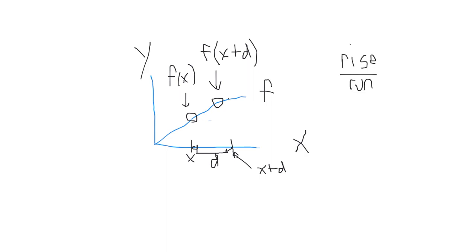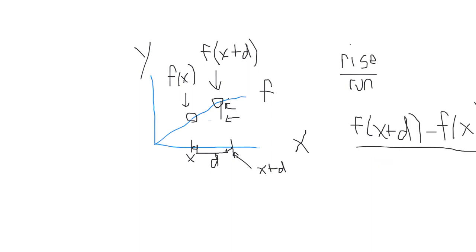How much y changes: we take f of x plus d, the second point, and subtract f of x, and put that over how much x changed. x plus d minus x is just d. So this is the rate of change.